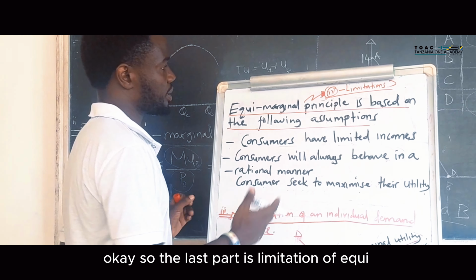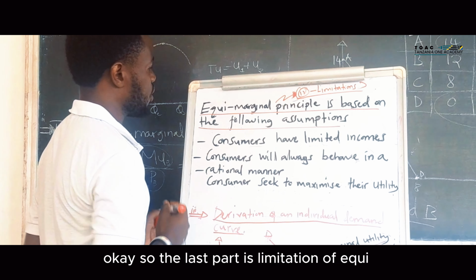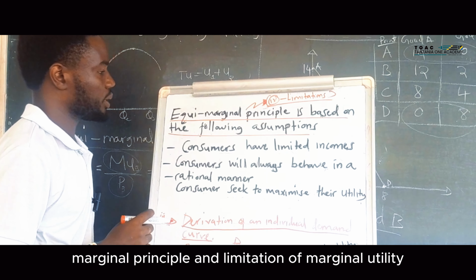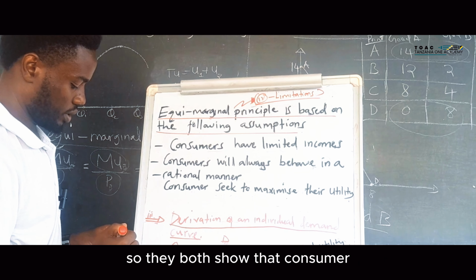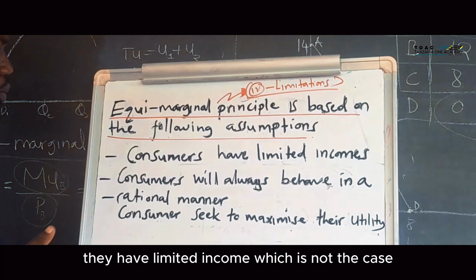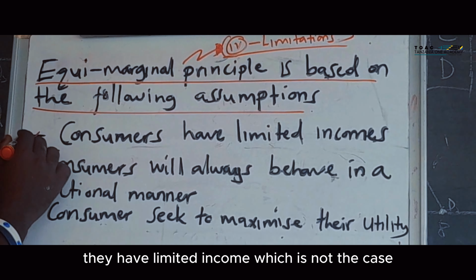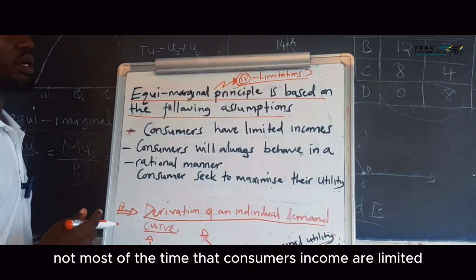Okay, so the last part is the limitation of the equi-marginal principle and the limitation of marginal utility. They both assume that consumers have limited income, which is not the case most of the time.